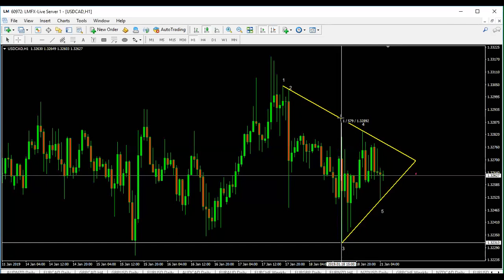Okay, so on this chart, we're on the hour chart. So the middle number says 579. Can you guys tell me how many pips 579 is?